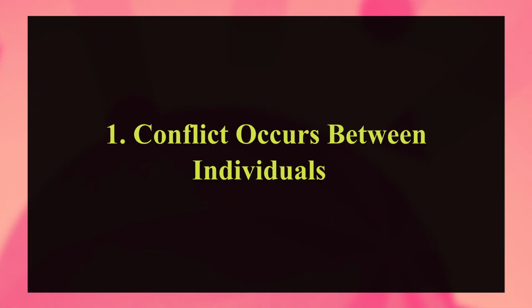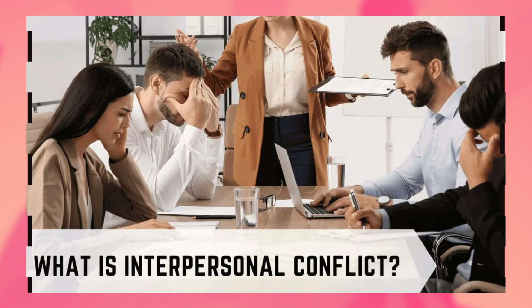In order to have a thorough understanding of conflict, let us try to understand some features of interpersonal conflict, such as, number one, conflict occurs between individuals. Interpersonal conflict occurs between individuals when two or more people have disagreements stemming from their differing opinions, values, goals, or expectations.